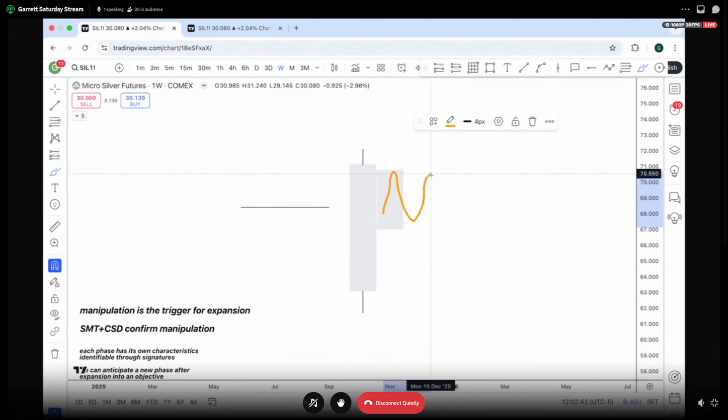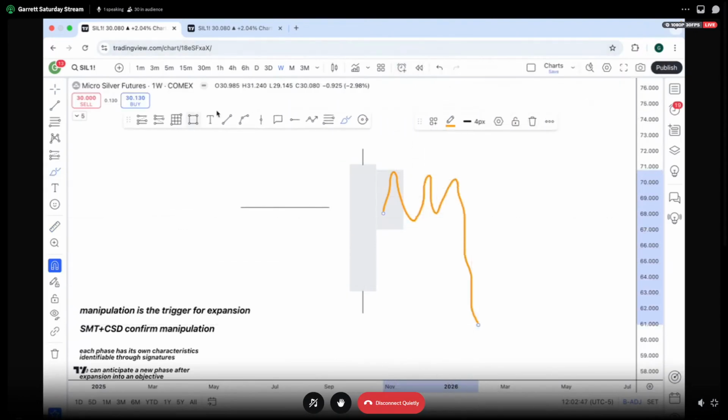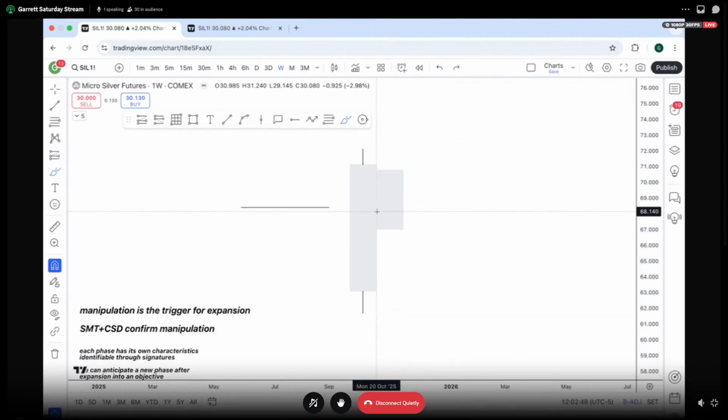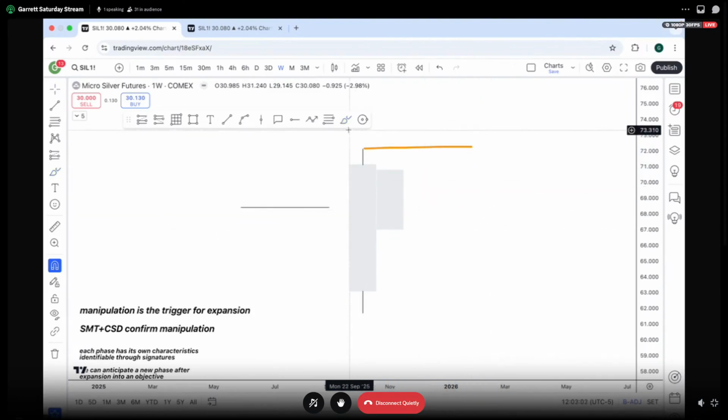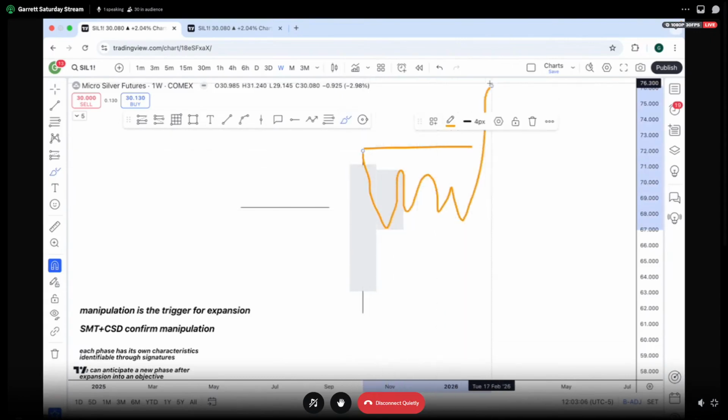If we just consolidate here, we can't reverse from consolidation. So the ideal way to trade a consolidation on any time frame is we manipulate first and then we distribute through this high. So manipulation into expansion, right? That's the ideal way to trade a consolidation. But this market doesn't actually need to manipulate to expand during a consolidation.